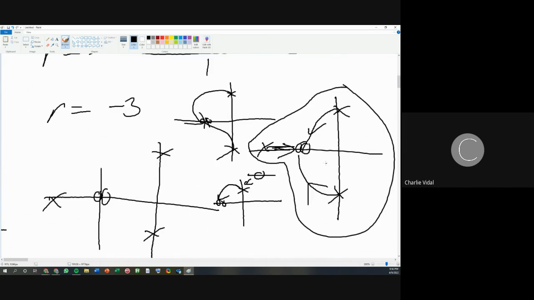Always draw the graph first because it'll help you figure out which rules you're going to use. It seems like you always use rule number 4 and rule number 6, but just in case, draw the graph out first, see which rules you're going to use, and then start the problem.